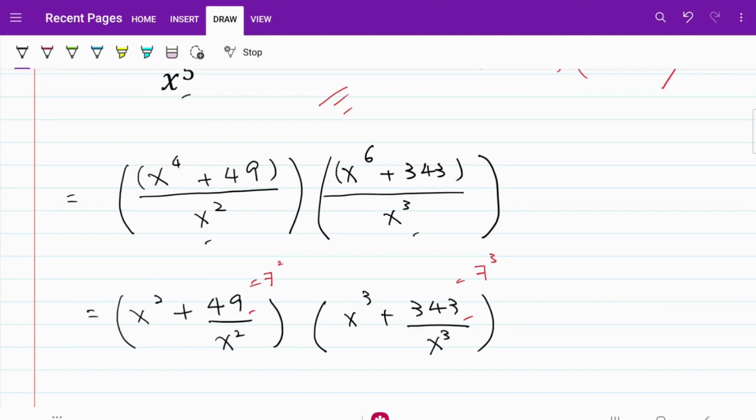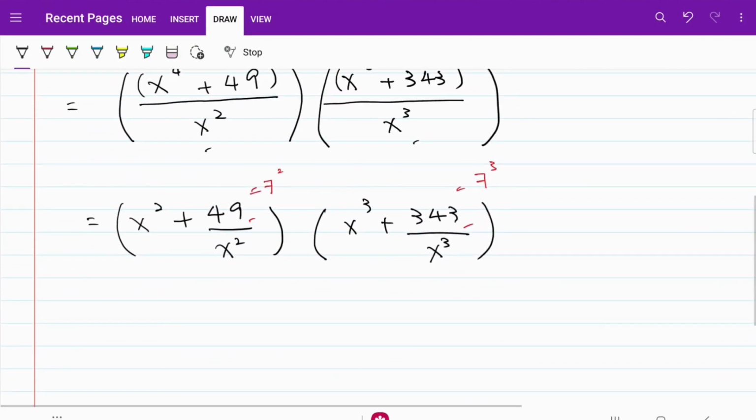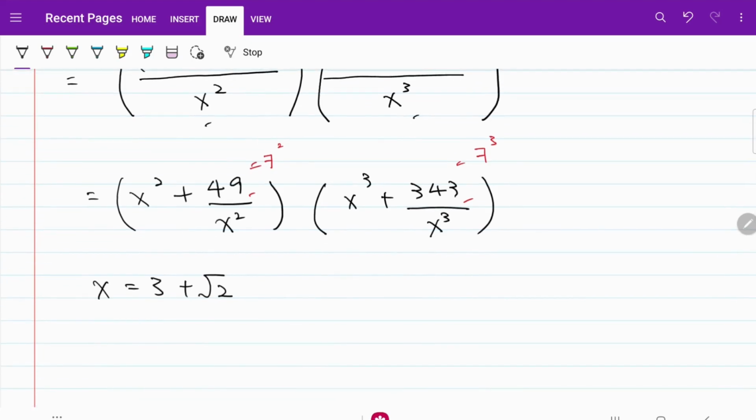Next, let's take a look at the value for x. I have x is equal to 3 plus square root of 2. If I multiply both sides by the conjugate, which is 3 minus square root of 2, this is what I get. x multiplied by 3 minus square root of 2 is equal to 3 plus square root of 2 multiplied by 3 minus square root of 2.